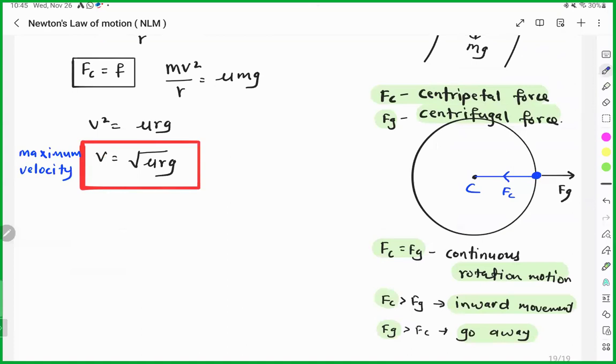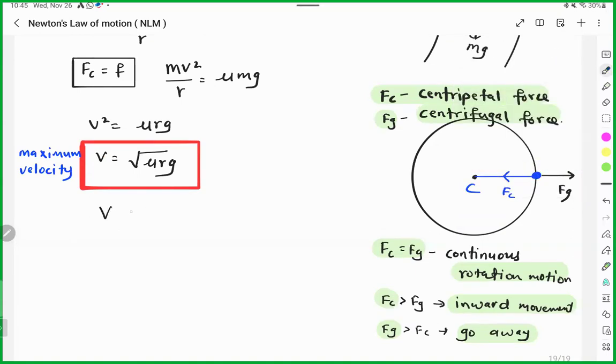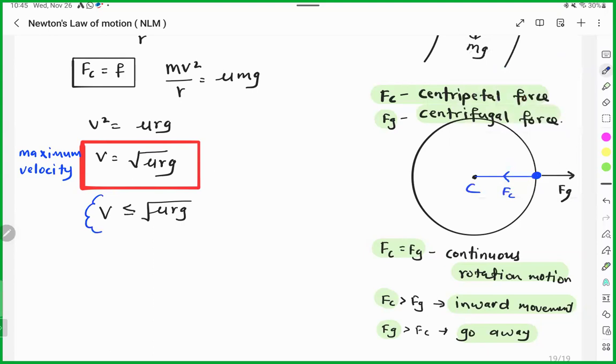So if you ask what should be the velocity of the vehicle so it does not slide, velocity should be either equal to √(μrg) or less than that, not more than that. Understood? Because if you make velocity more than √(μrg), the vehicle will slide. Friction will take over. Understood? Any doubt?